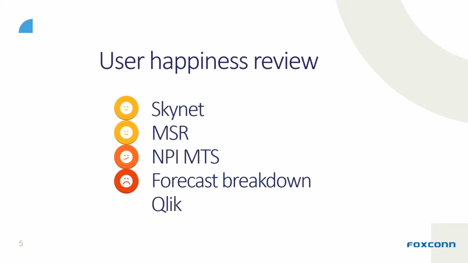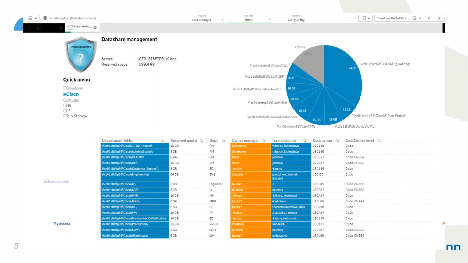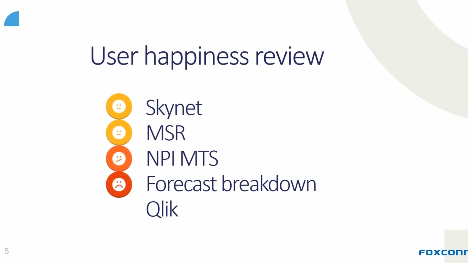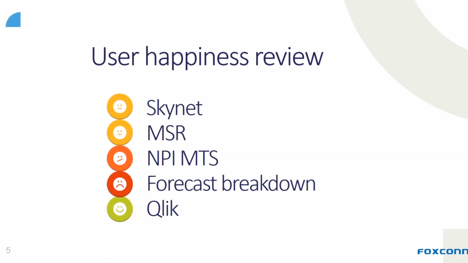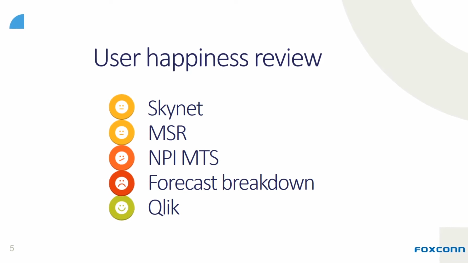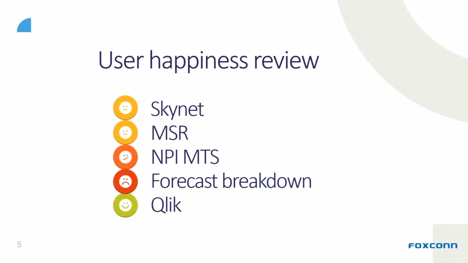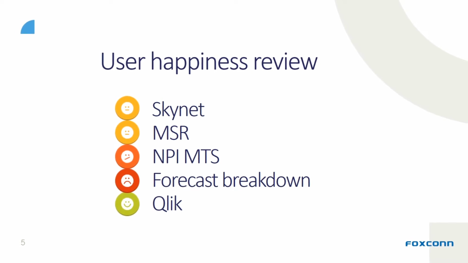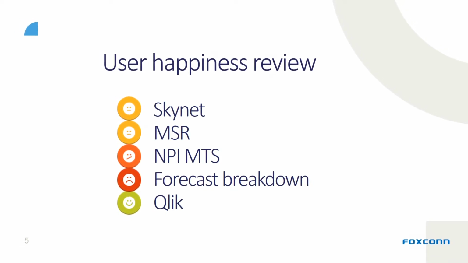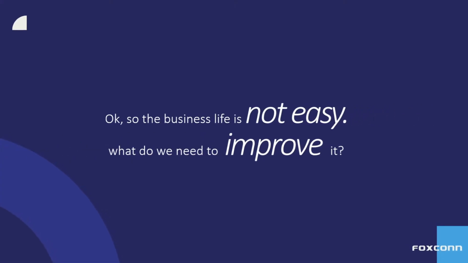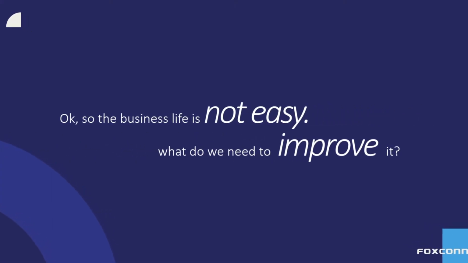And lastly, Click. It is a perfect tool for data analysis and business intelligence, but on the other hand, the data input is mainly through Excel spreadsheets. So it forces you to create Excel trackers, and it is read-only. So not entirely easy, but what can we do to improve it?